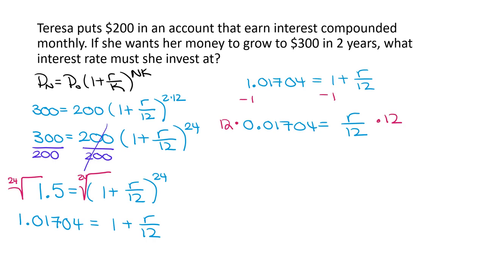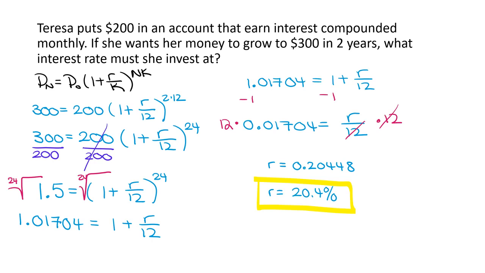And then I can multiply both sides by 12. And I got R equals 0.20448. I'm going to move the decimal over and do a little rounding. And I wrote that as 20.4%. So you would need over 20% interest rate if you want your money to grow from $200 to $300 in 2 years.